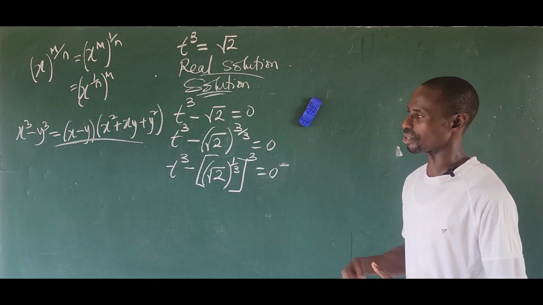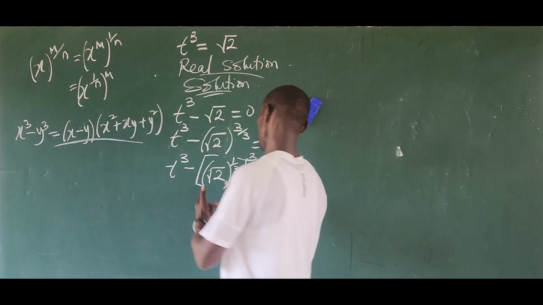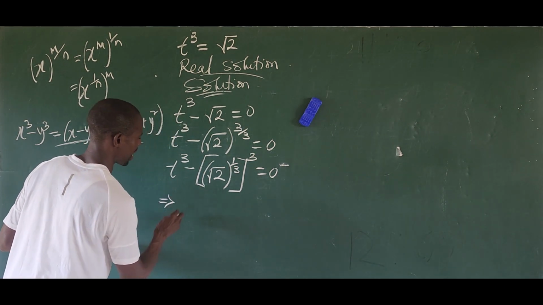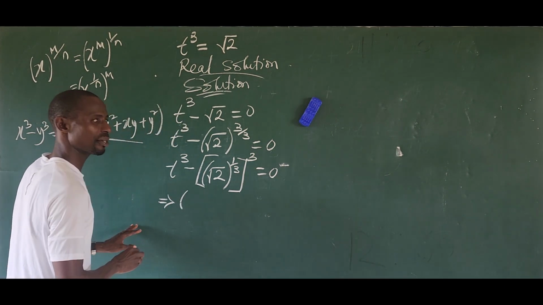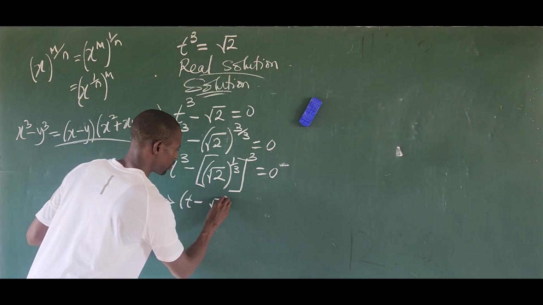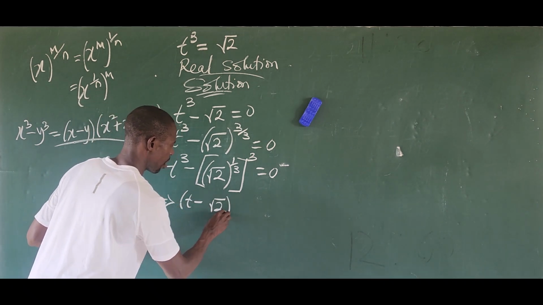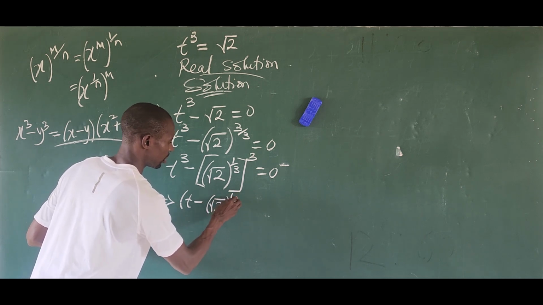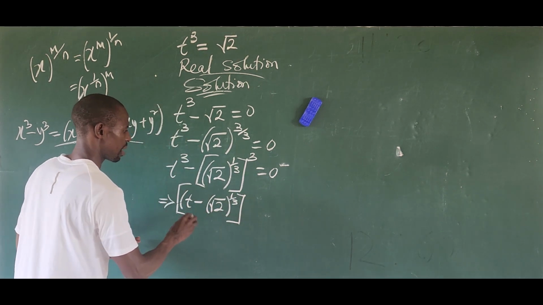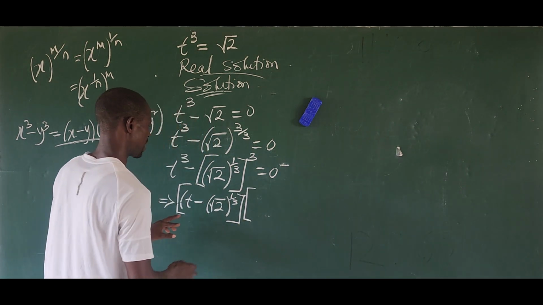So with this difference of 2 cubes, we can rewrite this expression. This now implies that bracket open, t minus the square root of 2 all raised to the power of 1 all over 3, then let's close this with a square bracket, then square bracket open again.